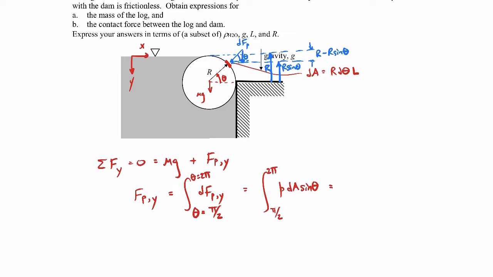Okay, let me go ahead and substitute in for the pressure. Here's our integral again. The pressure will be the density times gravity times the depth from the free surface. Remember, it's depth from the free surface. I said a moment ago that the depth from the free surface of this little area will be r minus r sine theta.